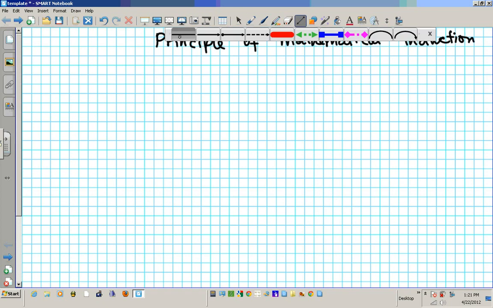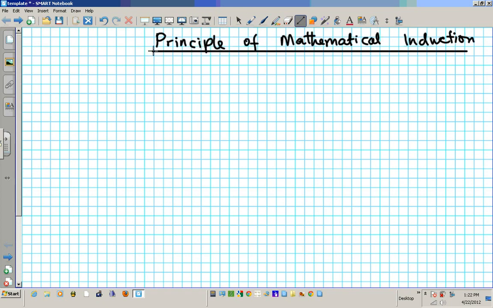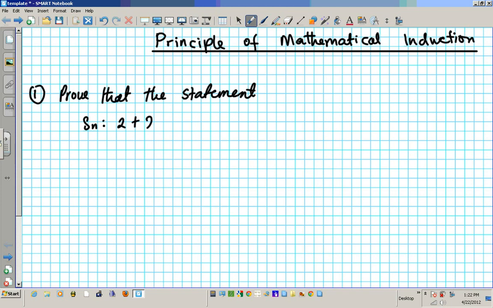All right, so let's start out by taking a look at example number one. Prove that the statement S(n), which is 2 plus 2 squared plus 2 to the third plus dot dot dot plus 2 to the n, equals 2 times 2 to the n minus 1.